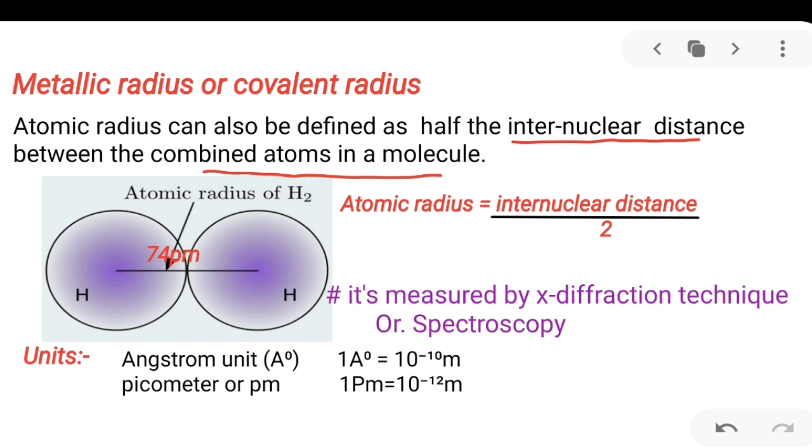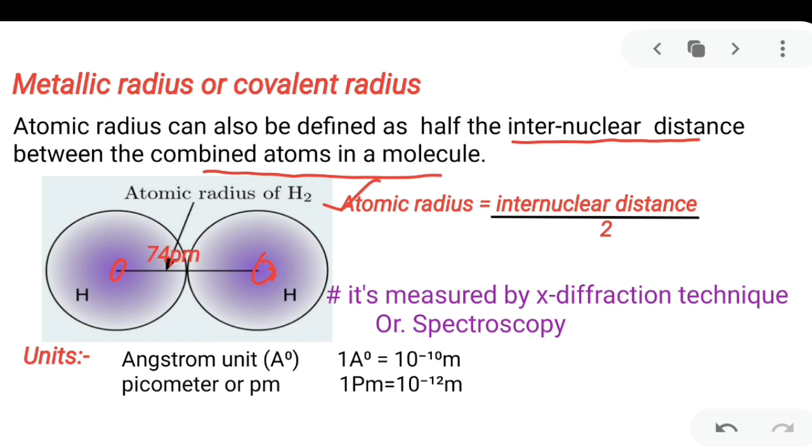You can see here the nucleus of the first hydrogen atom and the nucleus of the second hydrogen atom. The distance from the nucleus of one hydrogen atom to the other is known as the internuclear distance. After measuring the internuclear distance, if we divide it by 2, we get the atomic radius. So atomic radius is equal to internuclear distance divided by 2.